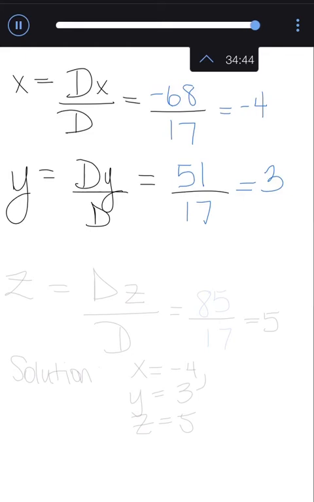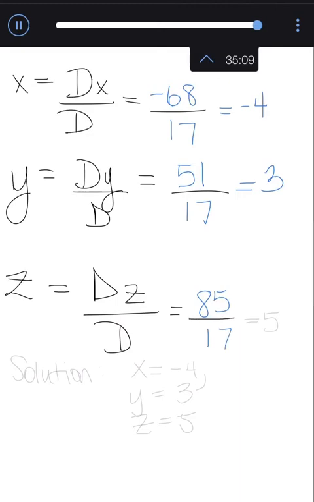Lastly, we would go after finding z. For z, we have that dz, determinant, divided by d. Well, dz was 85 divided by 17, which was our determinant d.